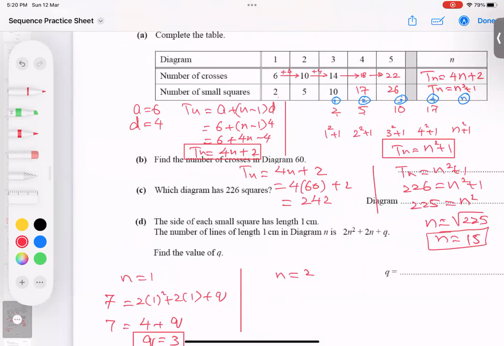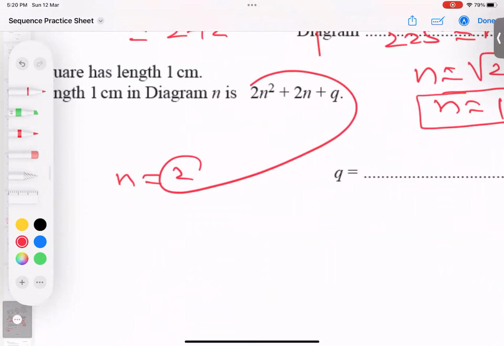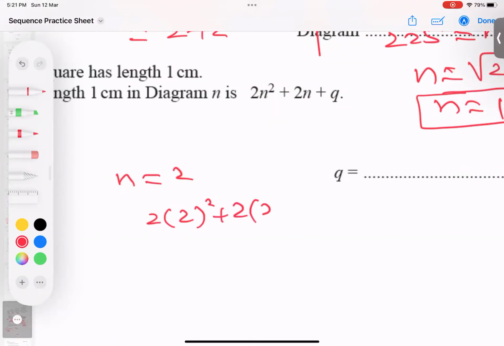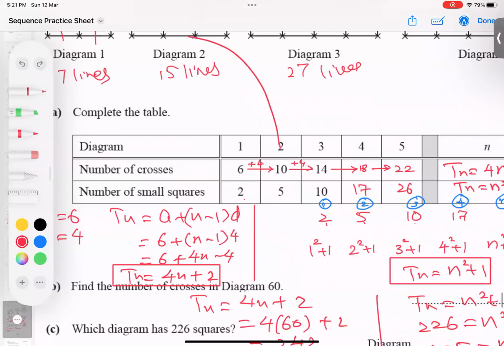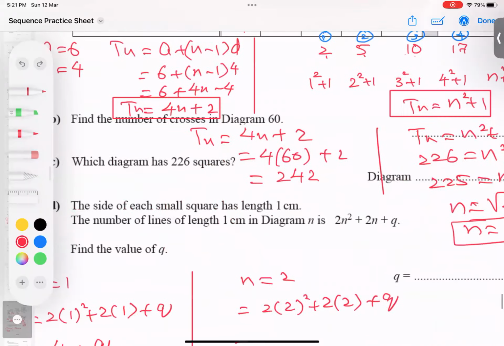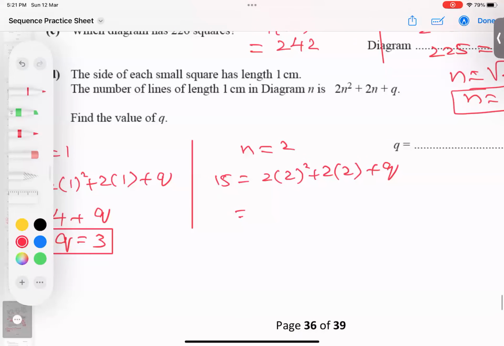But I will show you way number 2 also. Plug into every n. The way I'm putting. But the thing is, what equal comes here? Because this diagram shows a number of lines. How many lines in diagram number 2? 15. If I plug in 15 here, my students, 2 2s are 4, 4 2s are 8, 2 2s are 4, I get this.